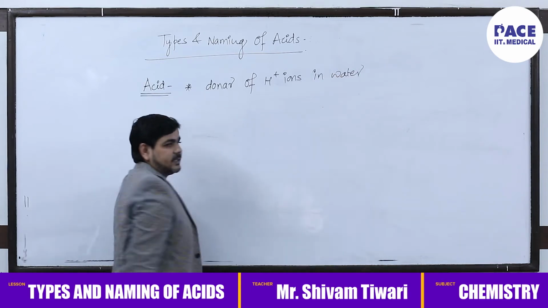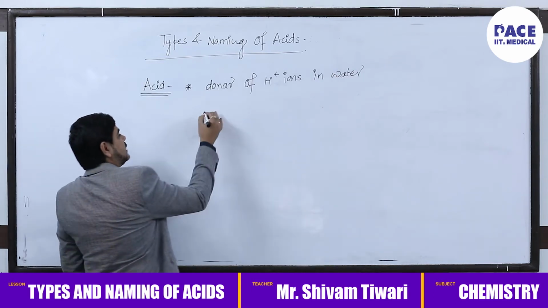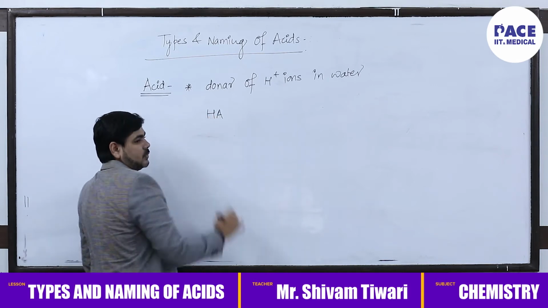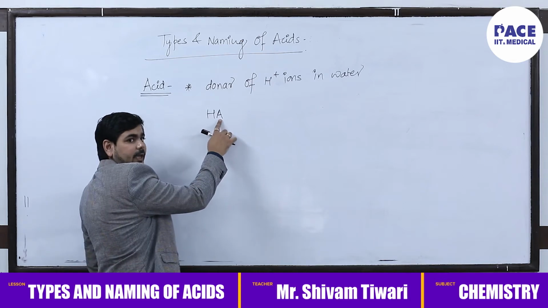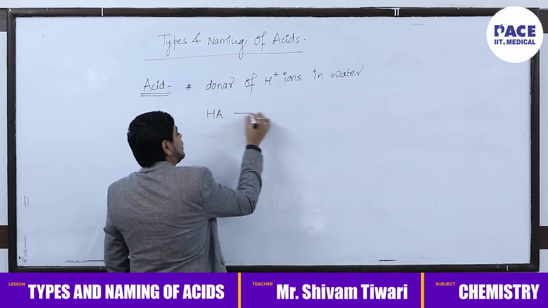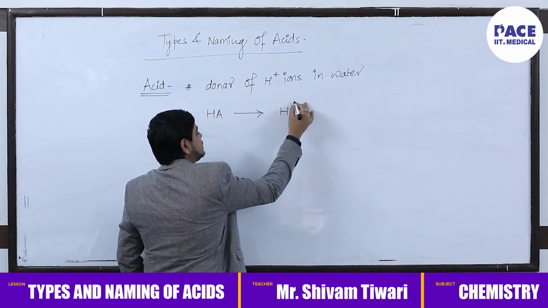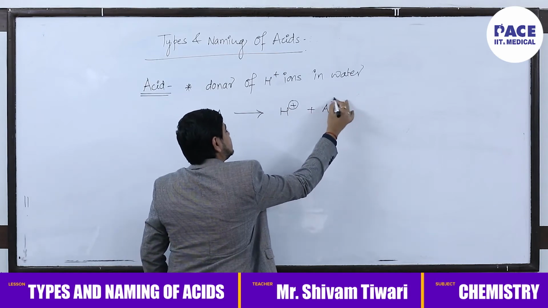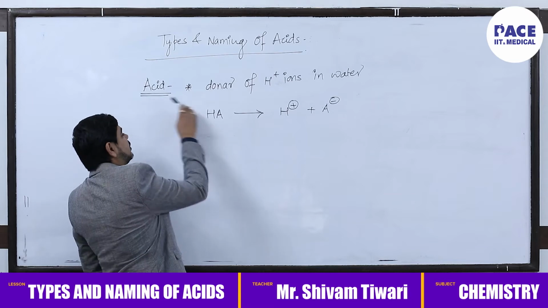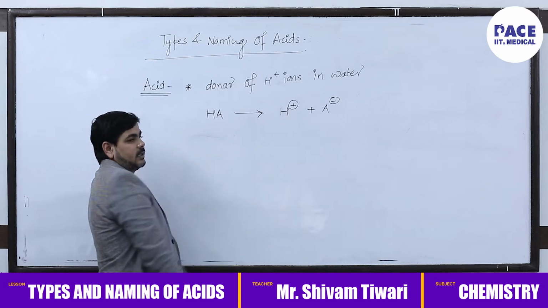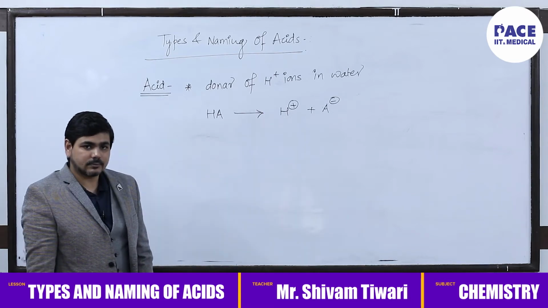A simple representation of acid can be HA. Any acid HA is going to break into H plus and A minus in water. So any substance which gives H plus ion in water is called an acid.